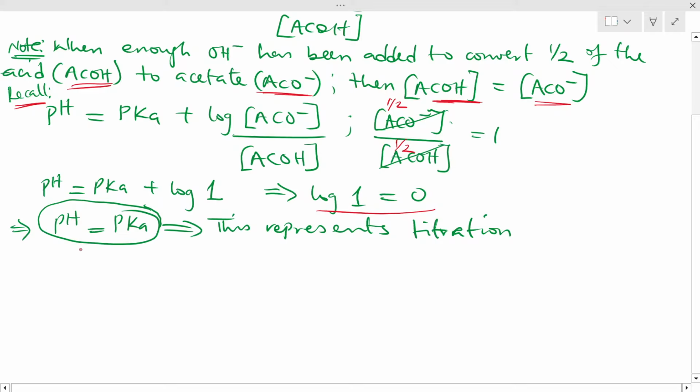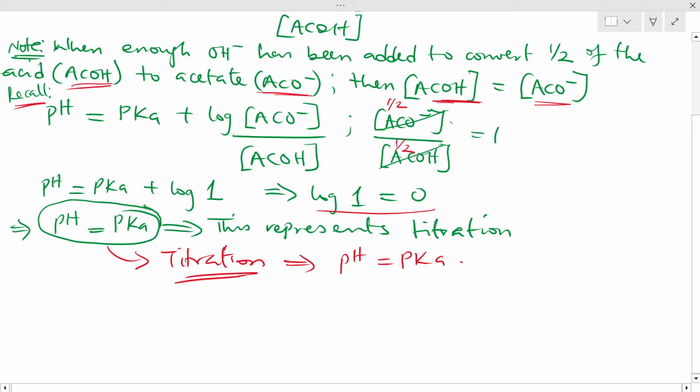What you simply have is pH is equal to what? pKa. This expression here simply represents titration. It's a very important expression, and you could be asked to show how pH is equal to what?